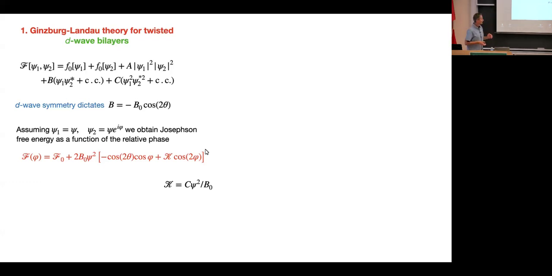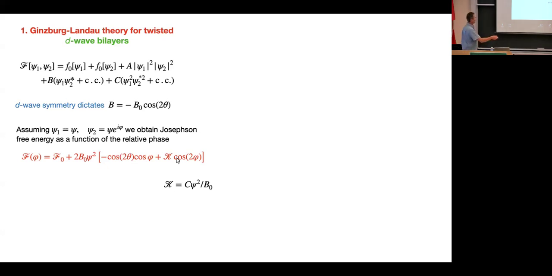Now, it looks kind of maybe complicated, but as a function of this relative phase between the two layers, there's only two terms. Cosine phi, which is the usual Josephson tunneling term, expresses the fact that a single Cooper pair can tunnel between the two layers. And then this cosine 2 phi term is a second order Josephson term, which expresses the fact that two Cooper pairs can tunnel coherently at the same time.